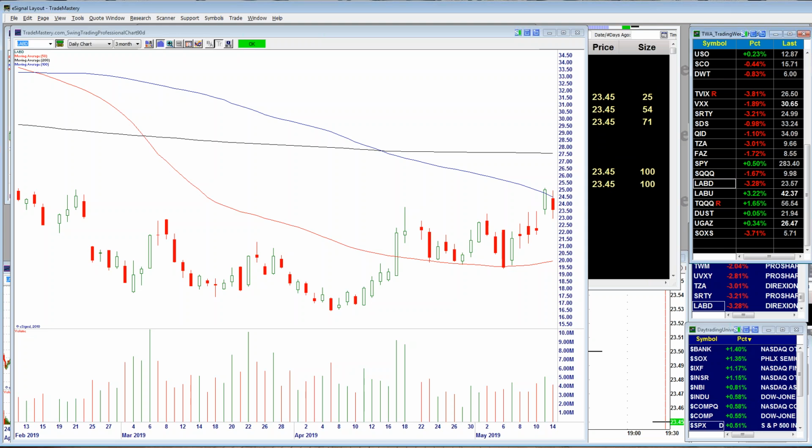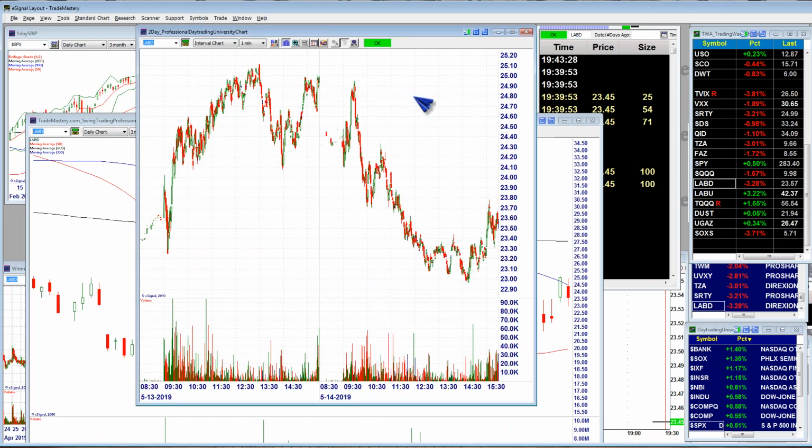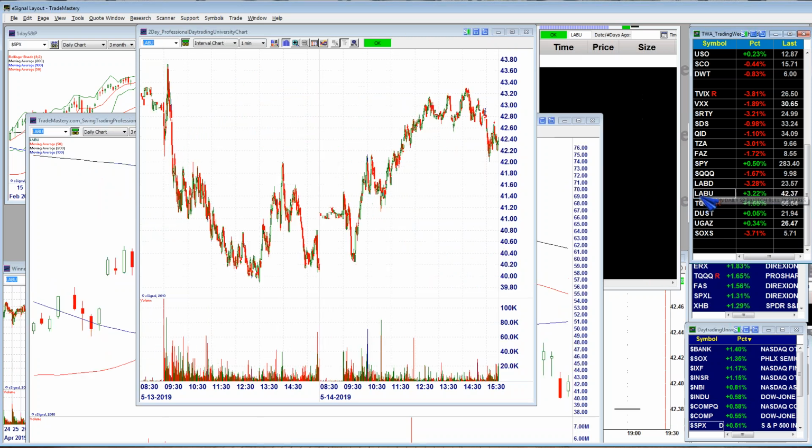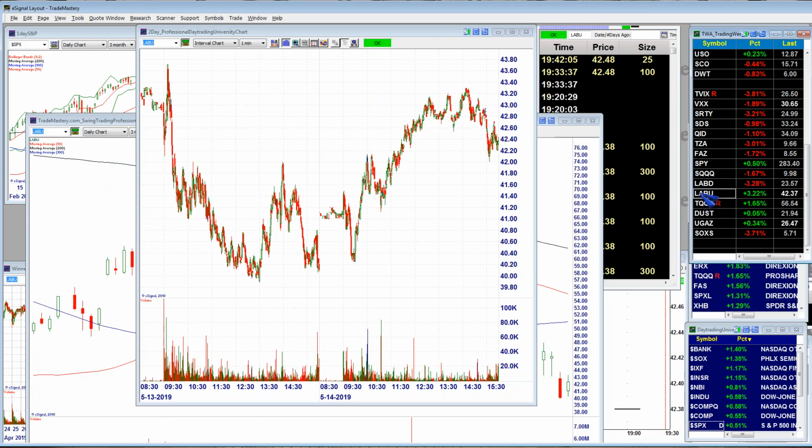The long and inverse ETFs are 100% correlated. So a better view would be to zoom in here on the daily, but you can see they're all kind of horrible today, so we didn't have a lot of volatility one way or the other, but that's LABD versus LABU, right?